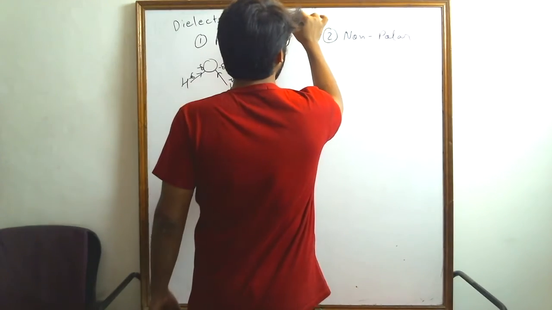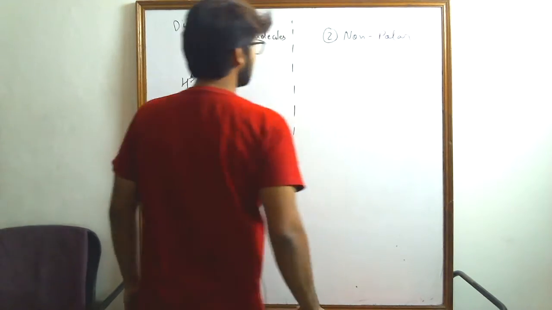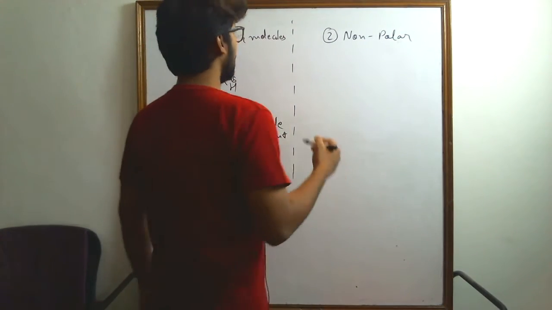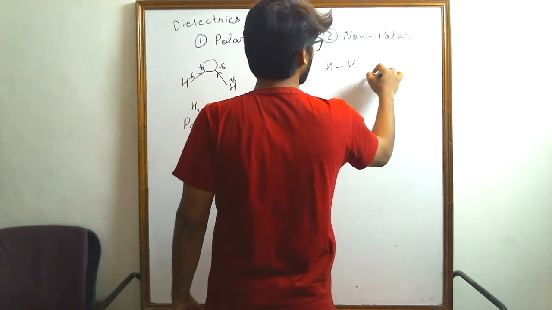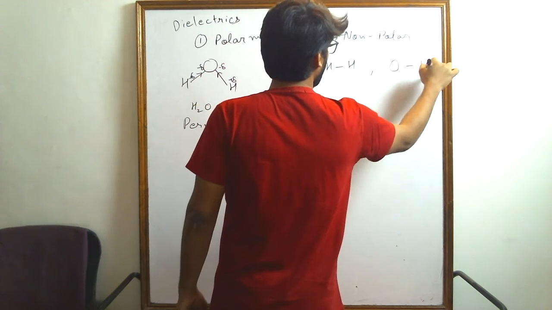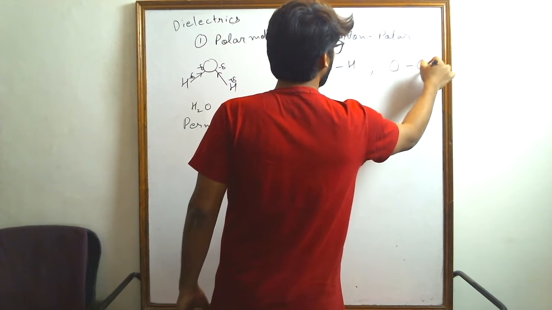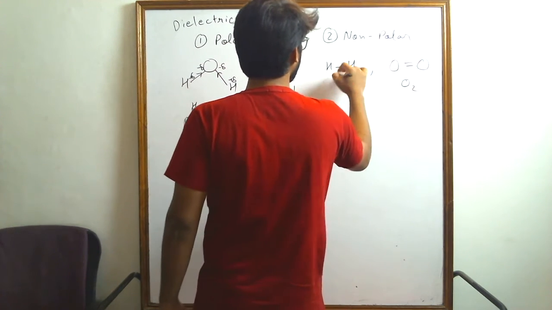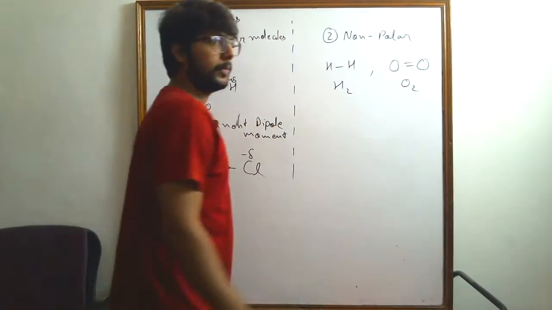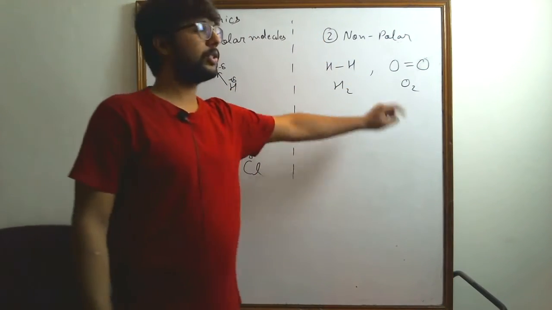Now, what about non-polar molecules? Non-polar molecules are essentially molecules like H-H or O-O. O-O is essentially O2, and this is H2: hydrogen gas, oxygen gas.